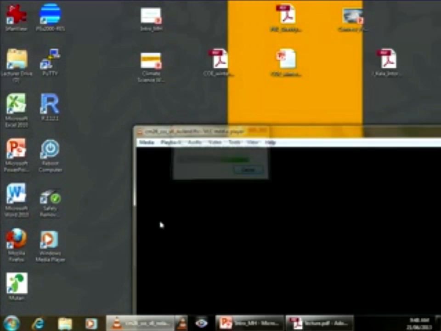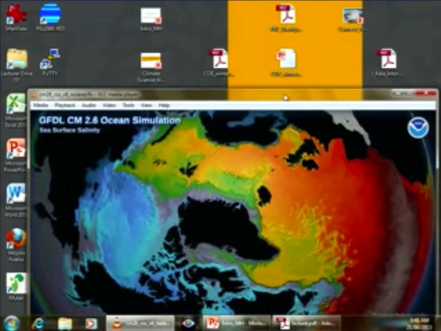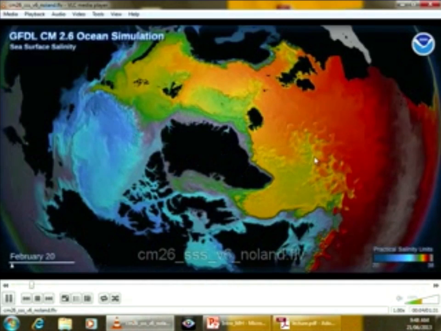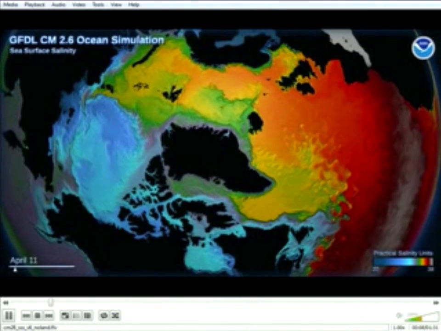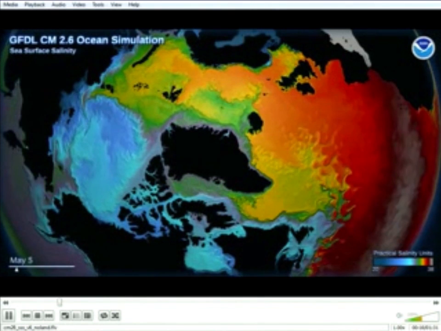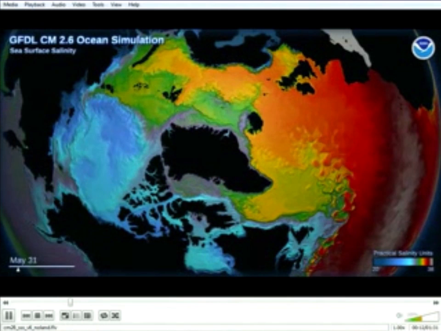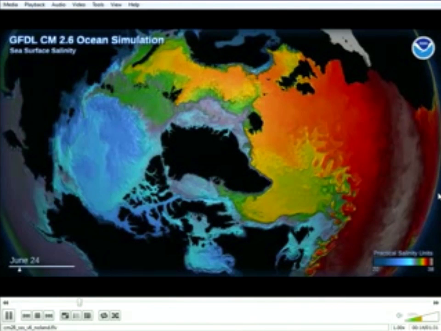What we'll do is, okay, here we go. Yay. At last. I hope it was worth the wait. This is a model. I mean, look at these eddies in here.